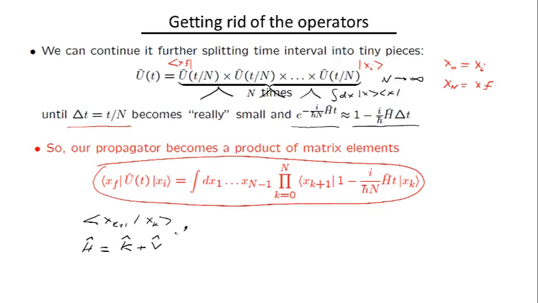And so, apart from this matrix element, I have to calculate two other matrix elements, which are the last pieces of the puzzle required to get this Feynman path integral. And in the remainder of this video, I'm going to be calculating these.